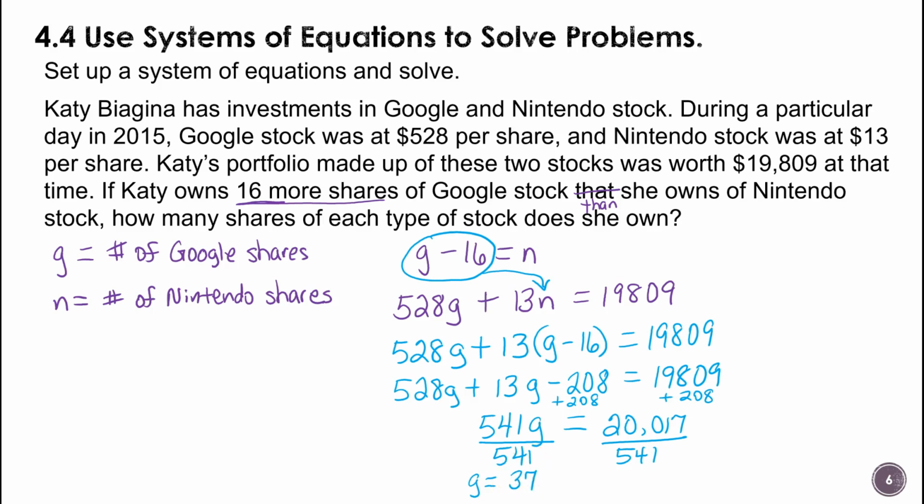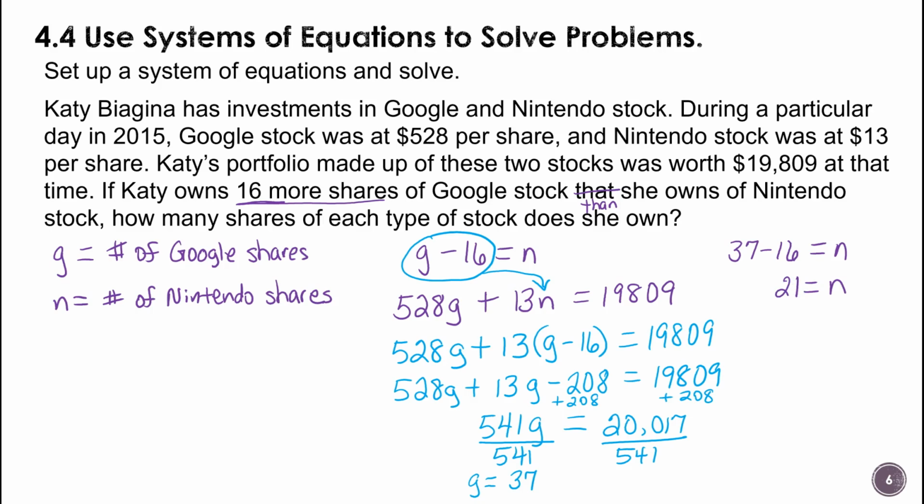Okay. Now we go back and replace G in one equation with 37. So let's just use this one, right? So we're going to say 37 minus 16 equals N, and that would be 11. Okay? No, that would be 21, not 11.